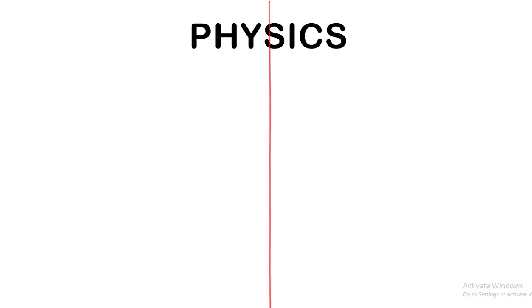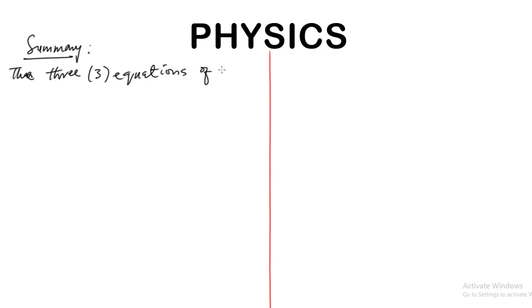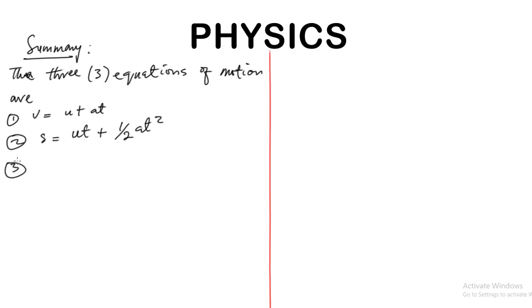Okay, having derived these equations, let us summarize what we've done so far. The three equations of motion are: 1, v is equal to u plus at. 2, s is equal to ut plus half at squared, and 3, v squared is equal to u squared plus 2as.